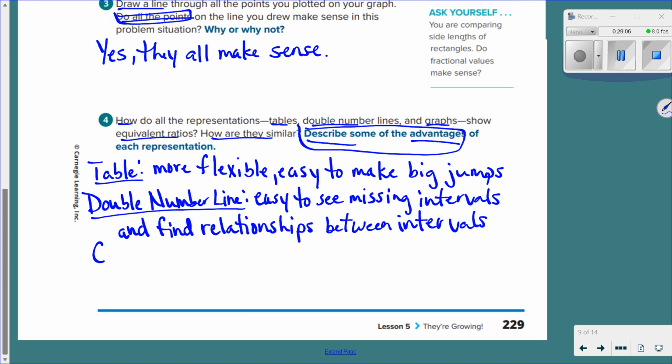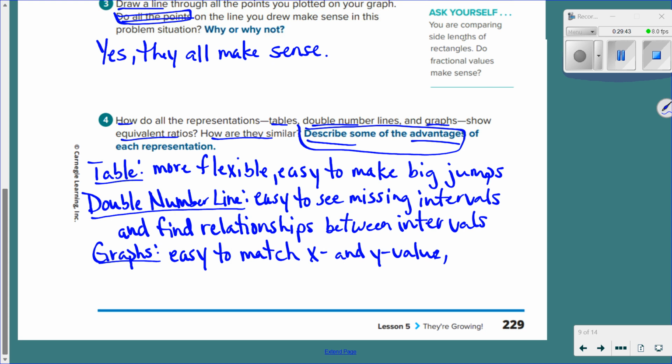What about for the graphs? What's the big one there? They actually pointed it out to you when they were talking about graphing them. Easier to match up, right? Easy to match the X and Y value. But what was the big advantage we saw?